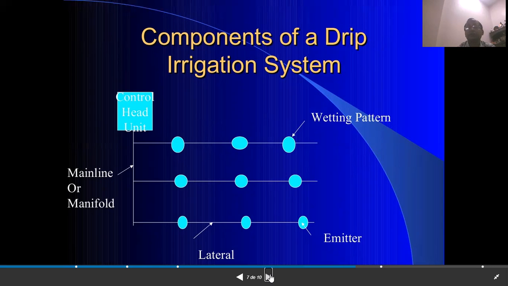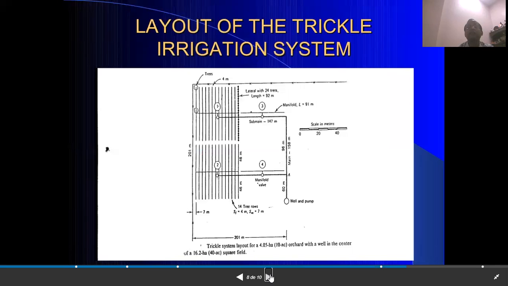Similarly, this system is low pressure and does not require power operation or high head. You can see the layout of trickle irrigation on the screen, how to lay out trickle, sprinkler, or drip irrigation.